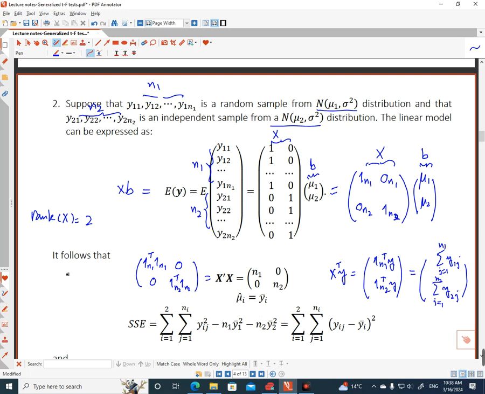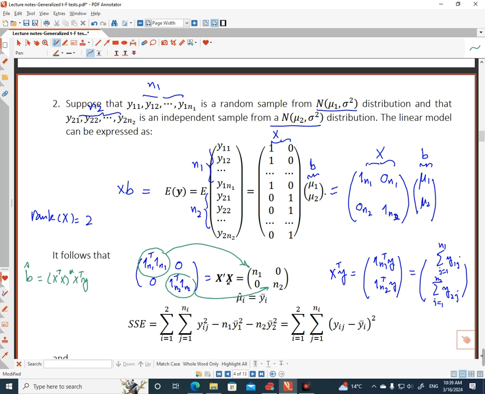So you can of course construct b hat. Let's first compute b hat. We know that b hat is x prime x generalized inverse times x prime y. But since x prime x is a diagonal matrix, if you compute it, this element is equal to n1, and this element is equal to n2.